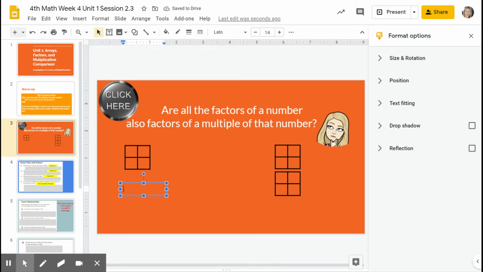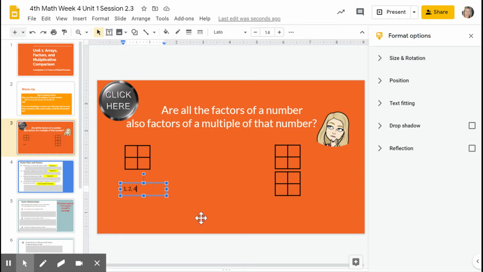When we talked about the factors of 4, we said 1 is a factor of 4 because I can multiply 1 times 4. 2 is a factor of 4 because I can multiply 2 times 2. And 4 is a factor of 4 because I can multiply 1 times 4 or 4 times 1. Those are all of the factors of the number 4.